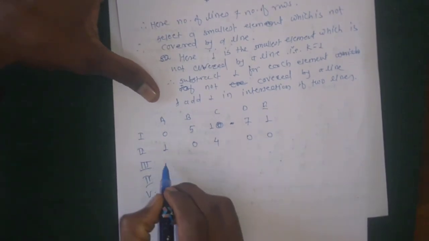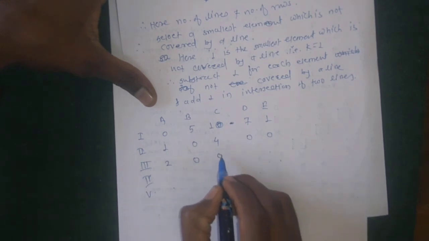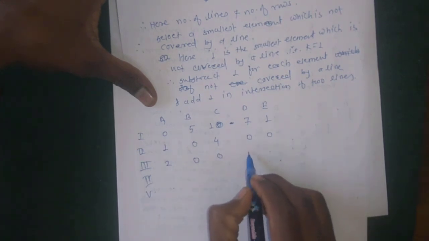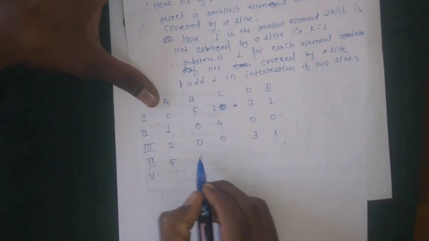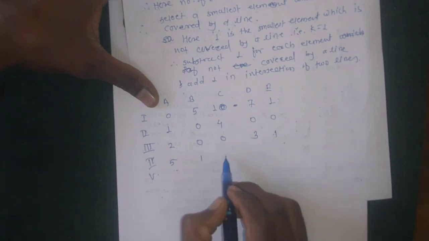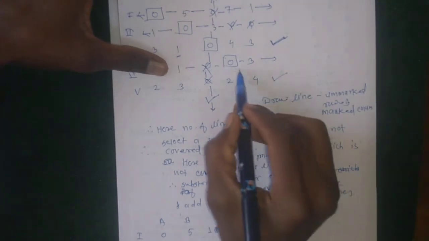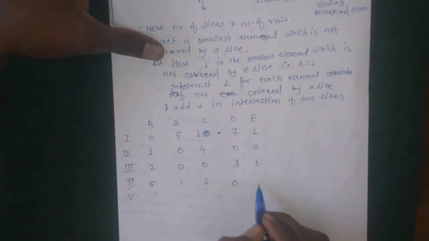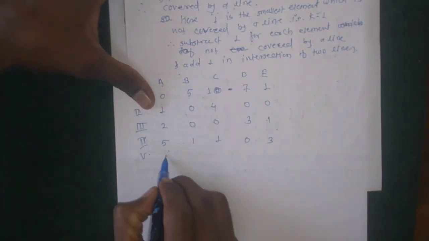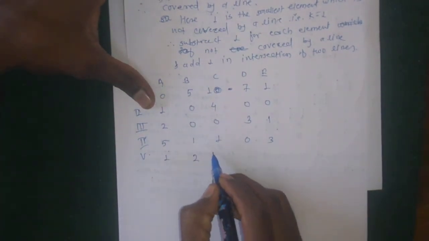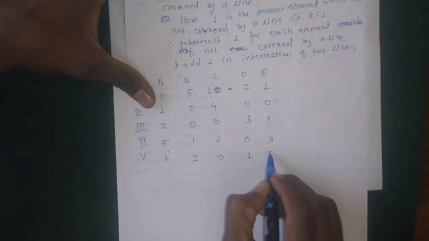Lastly, here subtract 1: 3 minus 2 is 1, 1 minus 1 is 0, then 0 is covered by a line so take it as it is, then 4 minus 1 is 3, 3 minus 2 is 1. Then the last row is 5, 1, 0; the 0 is an intersection of two lines, so add 1, then next 0 and 3, and lastly 1, 2, 1, 2, then 0, 1, then 3.